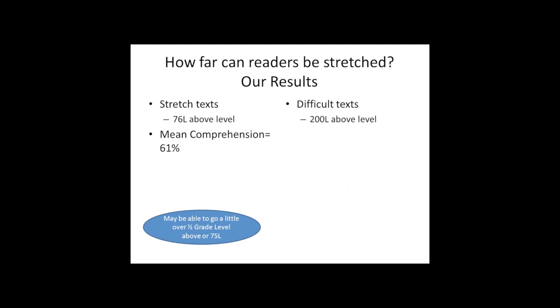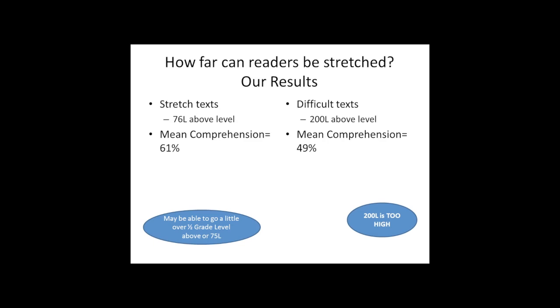We found that when kids were reading 200 lexiles above, which is almost 2 grade levels ahead, again under independent conditions, they were at just 49% comprehension and really weren't doing so well. We felt that suggested that 200 lexiles was too high. Now the question is, what is in between 76 lexiles and 200?